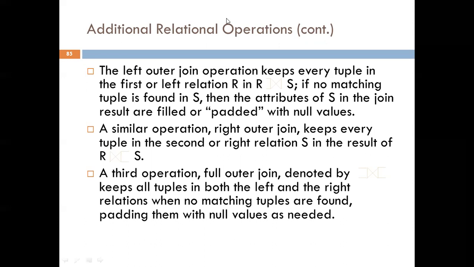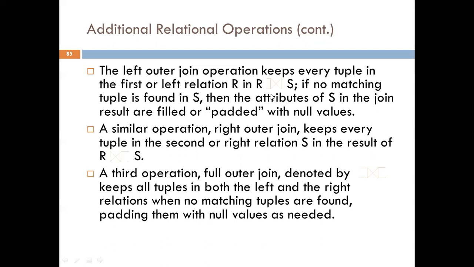The symbol is this: R left outer join S. Similarly, for right outer join the lines are towards the right side. Every tuple in S will be kept, and only matching values will be present from R, and those that don't match will have a null value.